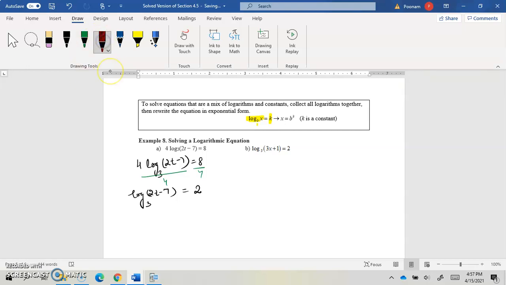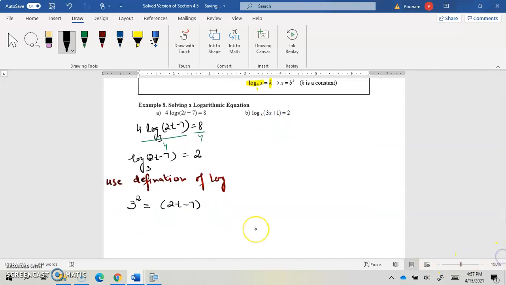Now let's use the definition of logs. 3 should be raised to 2 to get 2t minus 7. So 3 raised to power 2 should be equal to 2t minus 7.